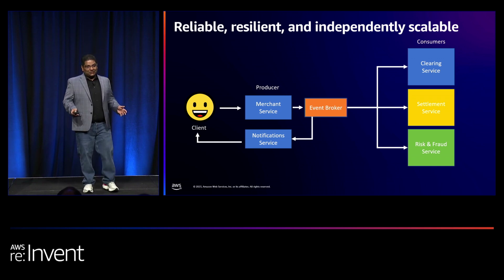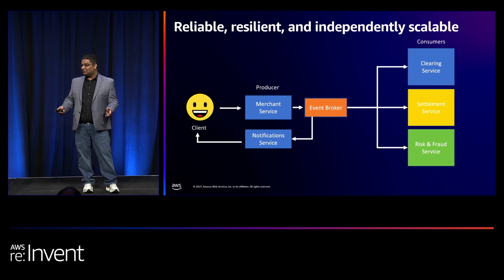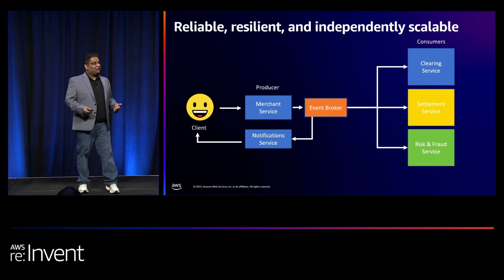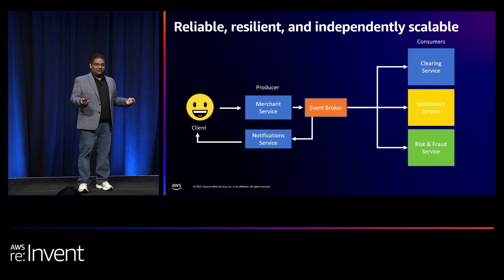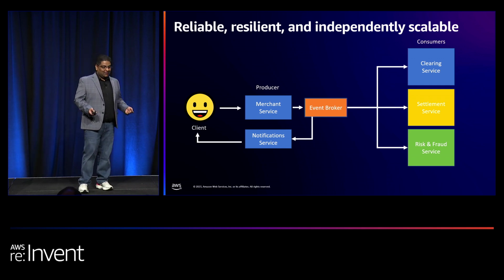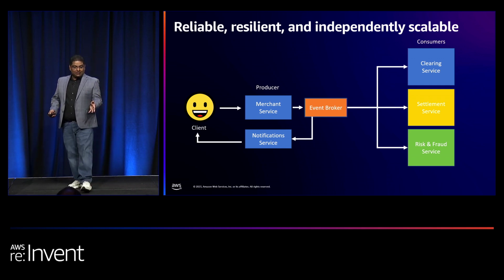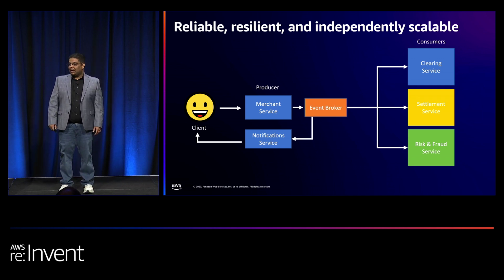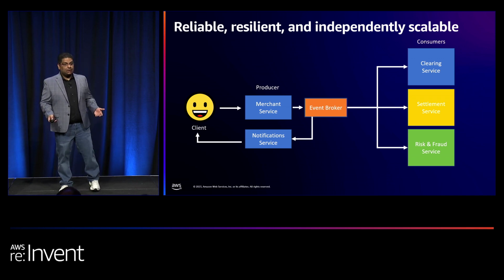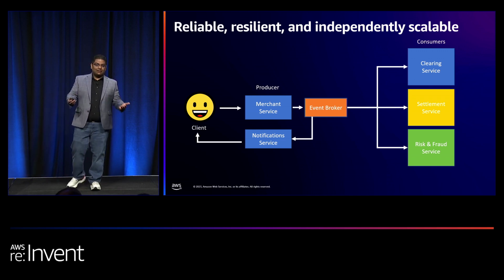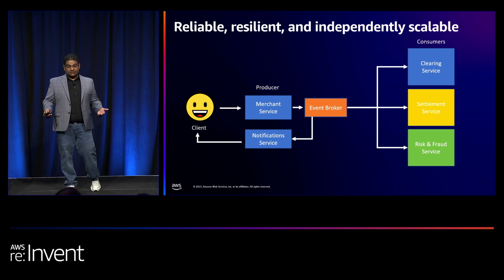With synchronous architecture, when a client calls, you are bound to send a response immediately. But in event-driven architecture, you have to think a little bit differently, and you have to think about asynchronous communications. The beauty here is that merchant service can just produce an event to the event broker, and whichever consumer system or consumer domain wants to consume that event can consume it, and then send an event back to the broker if necessary.